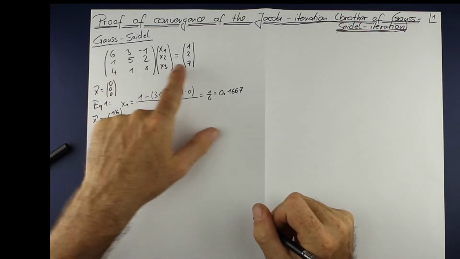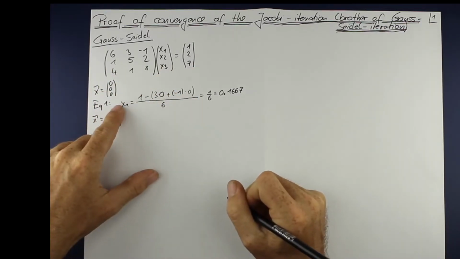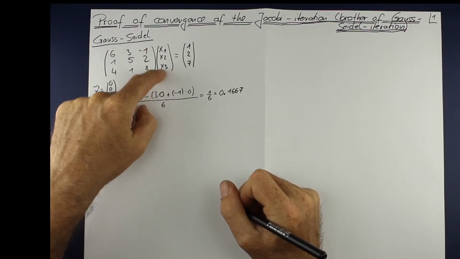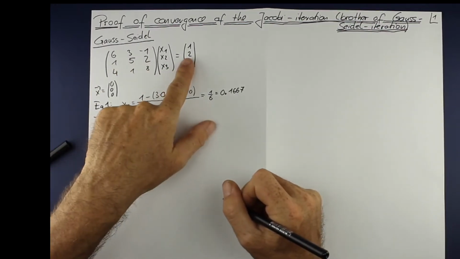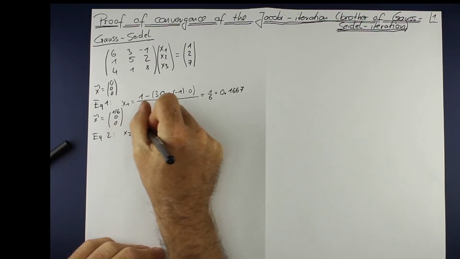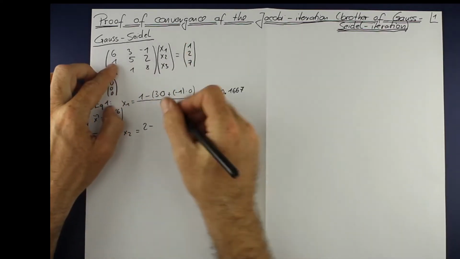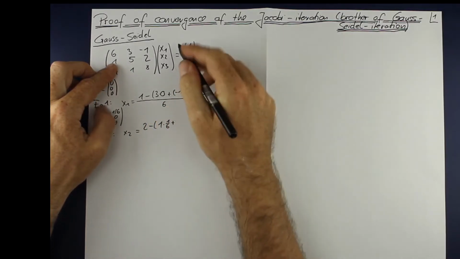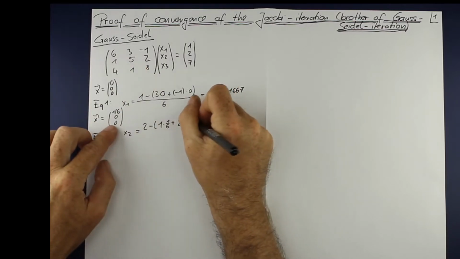Now we go into the second line, the second equation, and we do as we did here, but now we assume x1 and x3 to be already correct, and then we get x2 out of this equation. So we bring everything to the right hand side, 2 is still there, and then we subtract 1 times x1, 1 times 1 over 6, plus 2 times x3, and this is at the moment 0.